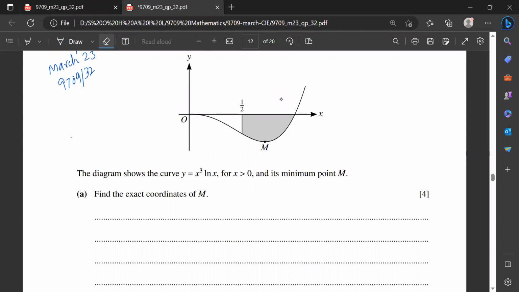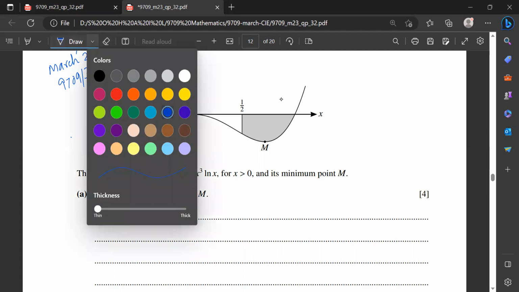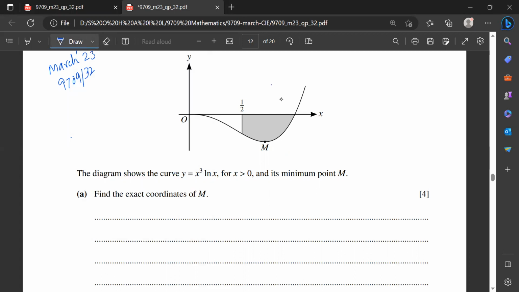For the stationary point, we know that dy by dx is equal to 0. So we use dy by dx equals 0. For dy by dx of y equals x cubed natural log of x, as they are the product of two functions, we apply the product rule. So what is the product rule of differentiation?